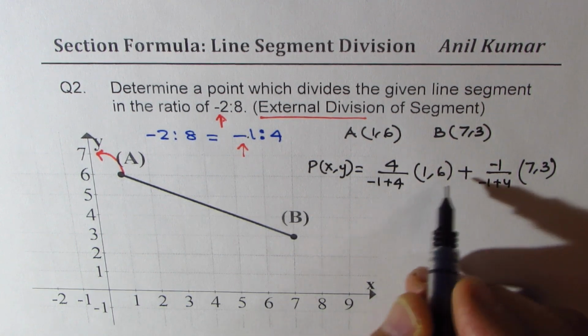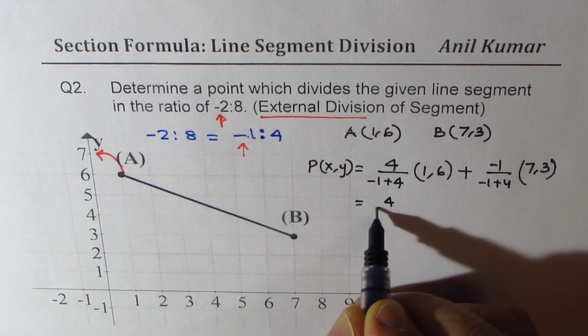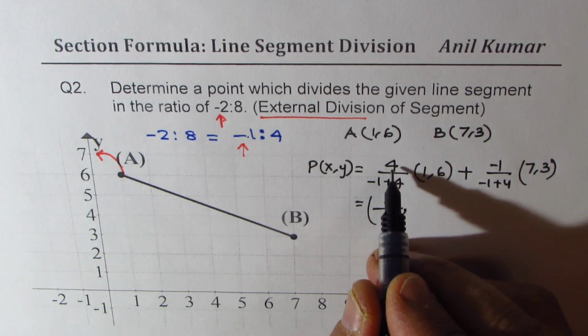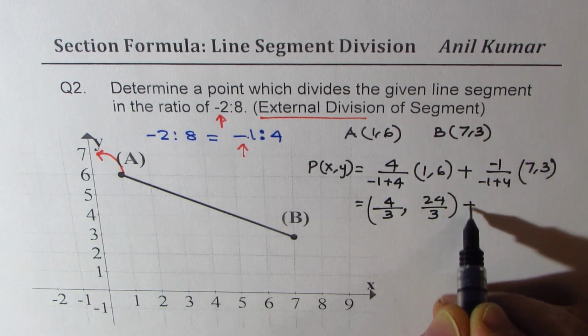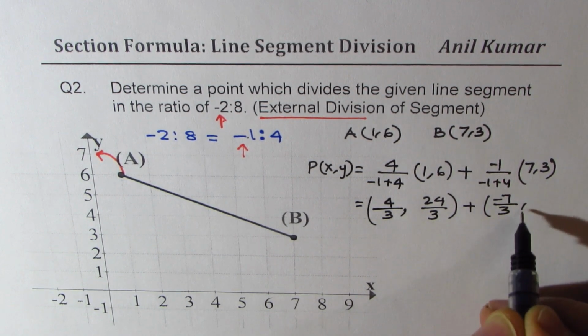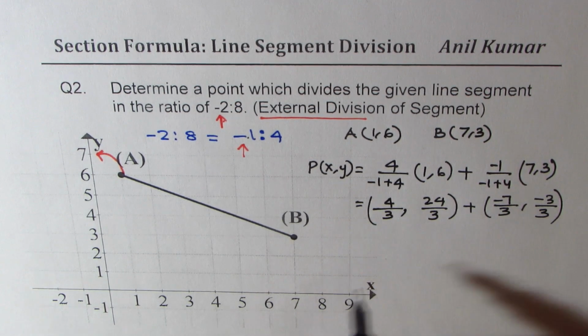Do you see that? So now what we get here is 4 times 1 is 4, and that is over 3, right? And here we get 4 times 6, which is 24 over 3, plus we get minus 7 over 3 and minus 3 over 3. Let's combine these terms.